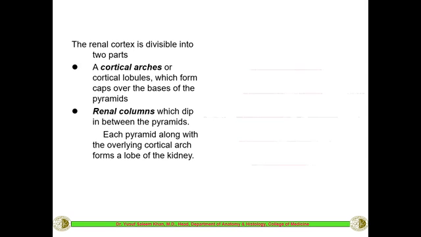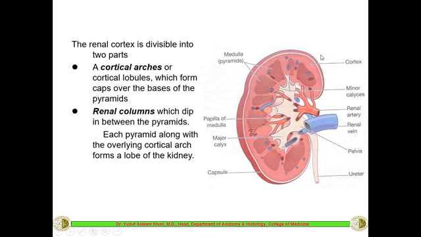This renal cortex is divided into two parts. So the cortex, as we see, is the outer part. It will be divided into cortical arches or cortical lobules, which form the caps covering the bases of the pyramids. These are pyramids, and just above the bases are the caps.